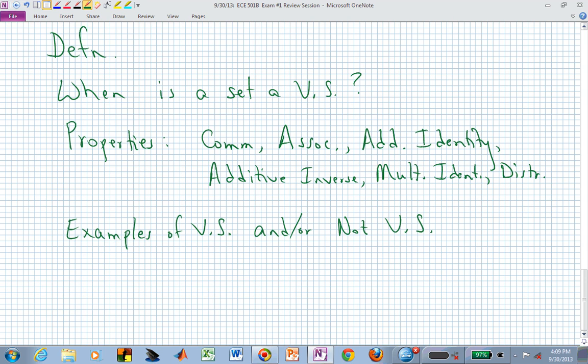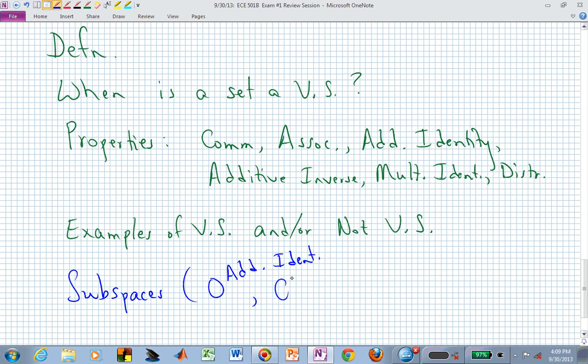You also need to be able to work with subspaces of these vector spaces and what properties need to hold in order for a subset to be a subspace. It has to have the additive identity element.